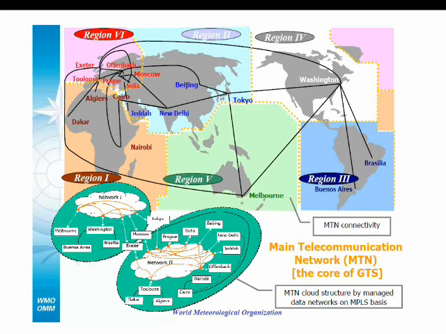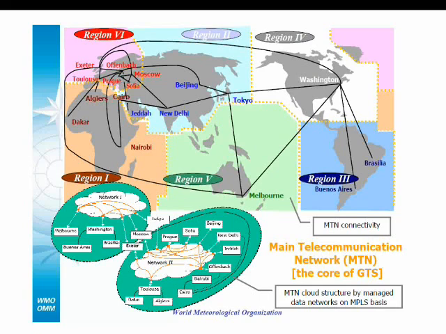GTS comprises 6 regional networks, region 1 to region 6, and a core network named MTN, main telecommunication network. The map shows the connectivity of MTN circuits.